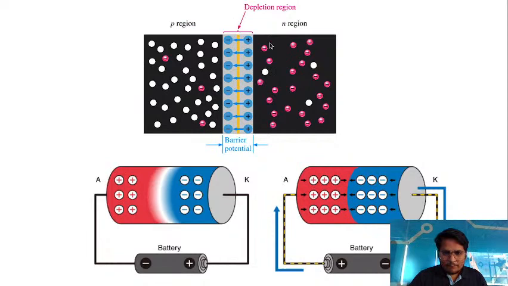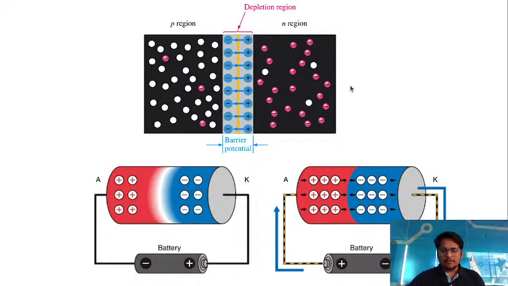If electrons move towards the junction, the negatively charged carriers will find a boundary, and after this there will be no movement of electrons. Due to that, one barrier will form, which is also called the depletion region. So if you don't give any power supply, this diode will not work because a barrier is formed here.